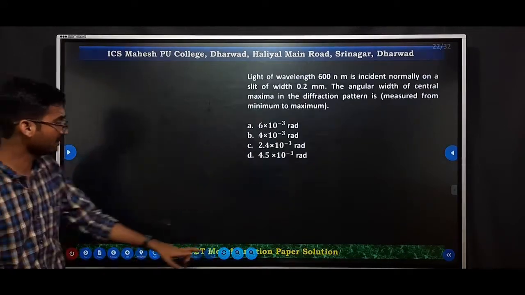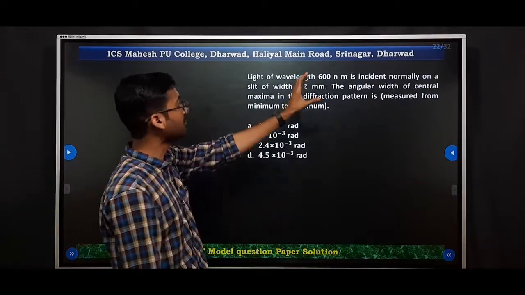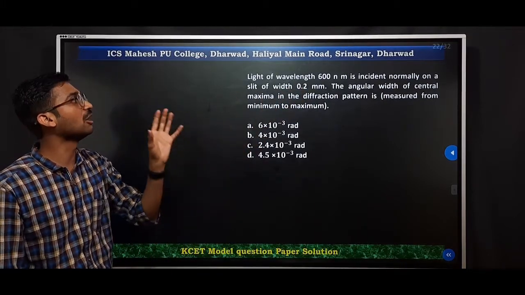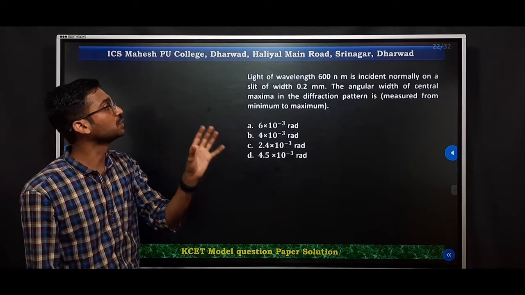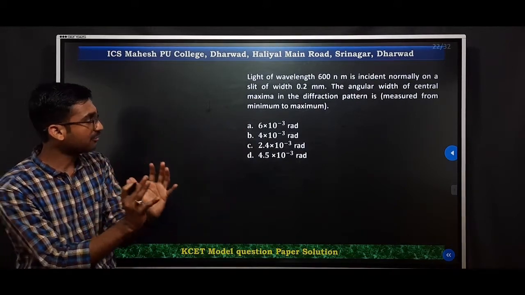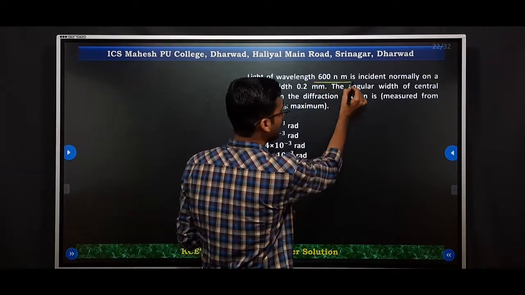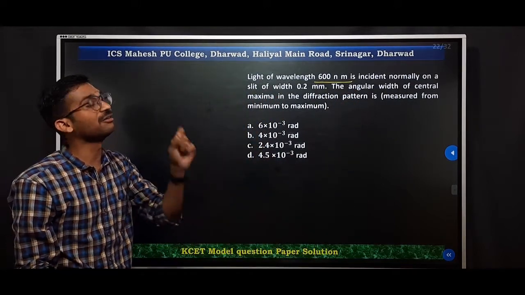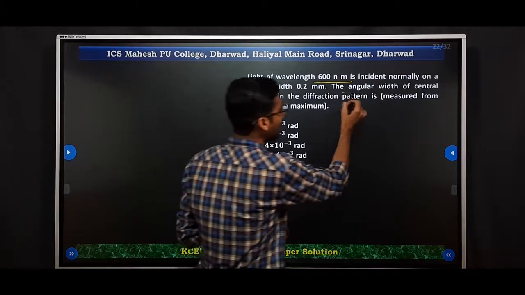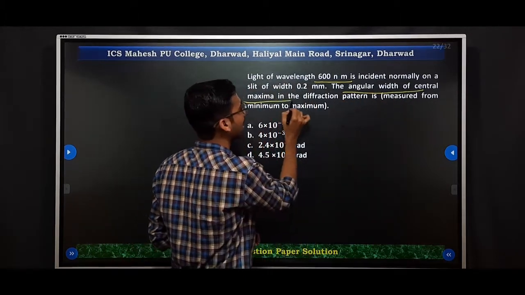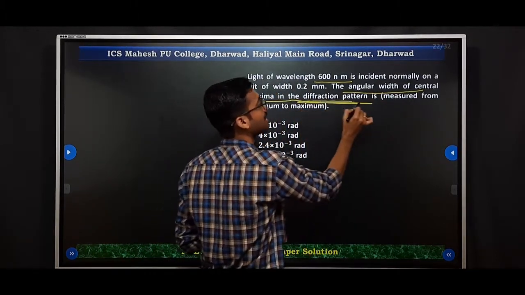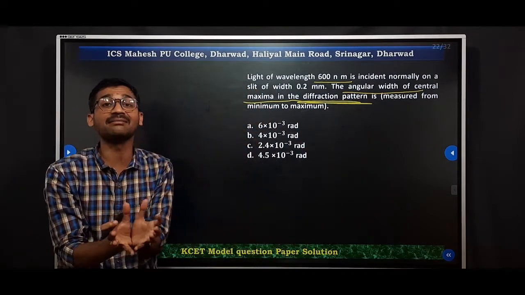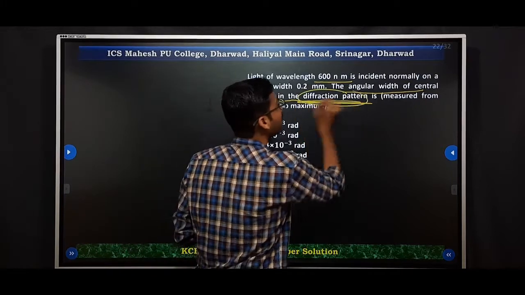Moving on to the next one: light of wavelength 600 nanometer is incident normally on a slit of width 0.2 mm. The angular width of the central maxima in the diffraction pattern is, they're asking, what is the angular width of the central maxima in which pattern now?